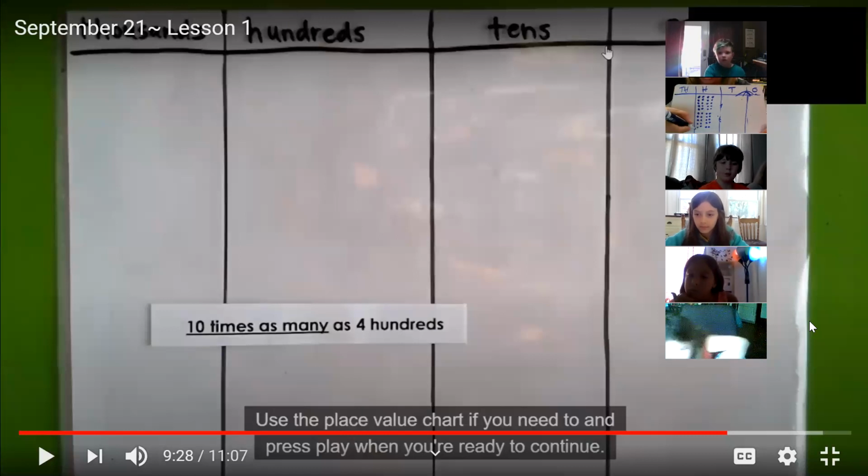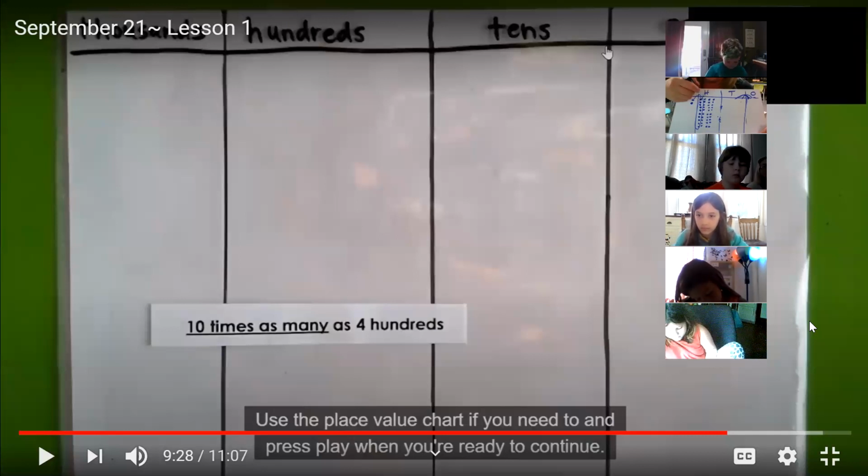10. So I'm going to bundle together one group of 10 hundreds to give us 1,000. Then I can make a second bundle, a third bundle, and a fourth.